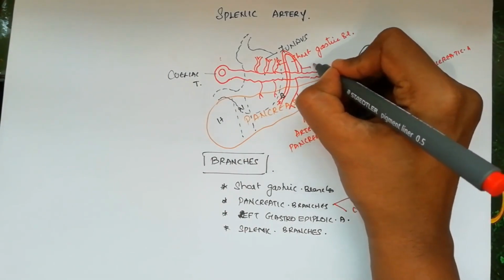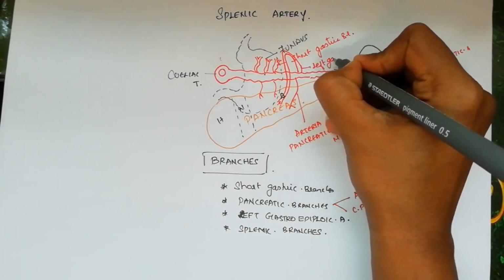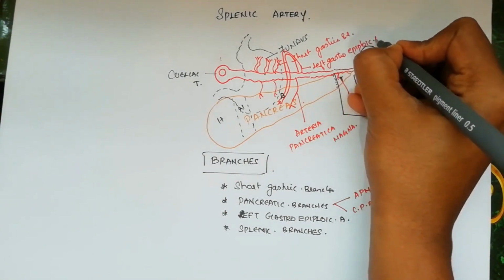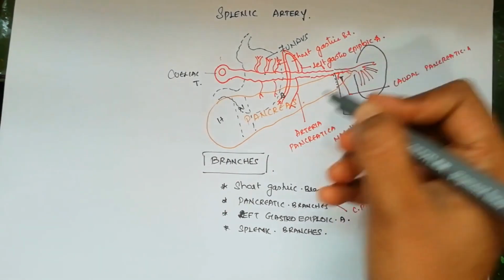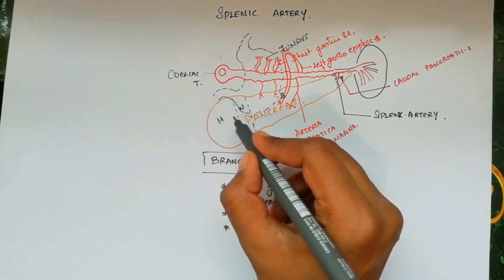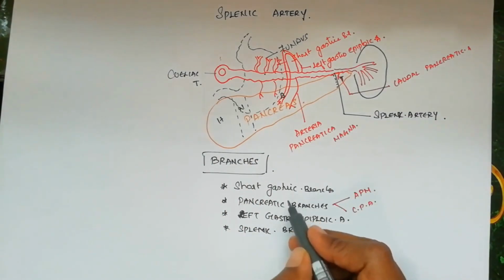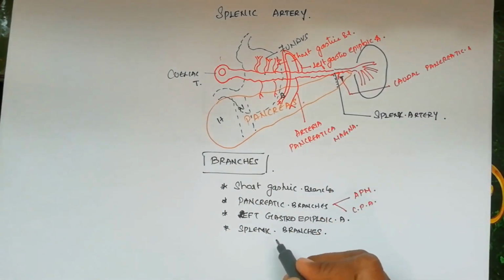So this is left gastroepiploic artery which is going to anastomose with right gastroepiploic artery coming from the other side near to the greater curvature. So this is how we have got branches coming out from splenic artery.